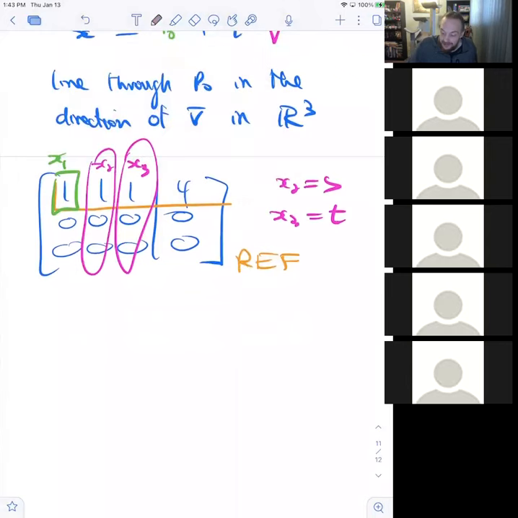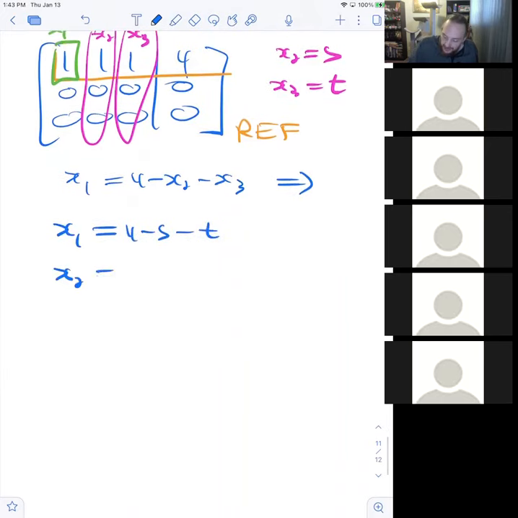And so from that single equation, x1 is equal to 4 minus x2 minus x3. But now this says x1 is equal to 4 minus s minus t, x2 is equal to s, and x3 is equal to t. This is our infinitely many solutions.